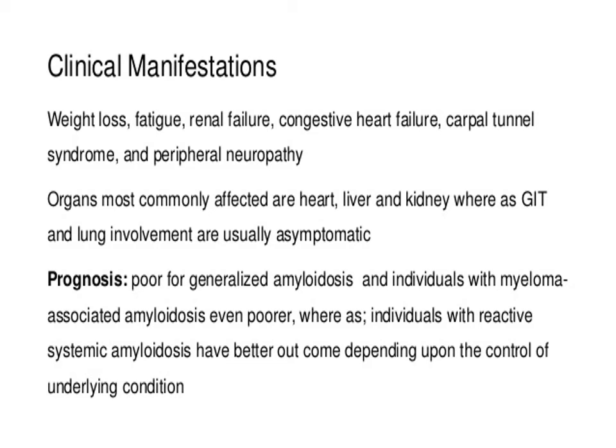Prognosis is poor for generalized amyloidosis, and individuals with myeloma-associated amyloidosis do even worse, whereas individuals with reactive systemic amyloidosis in certain infectious or chronic inflammatory conditions have a better outcome depending upon control of the underlying condition.